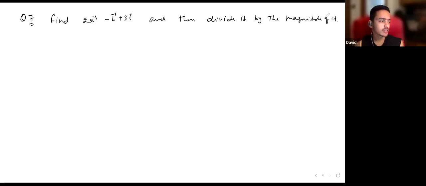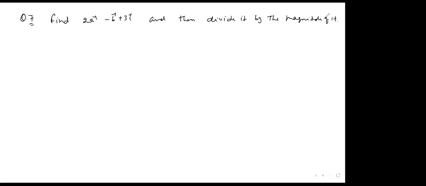Question number 8 is to show that the points A, B, C are collinear, and find the ratio in which B divides AC.